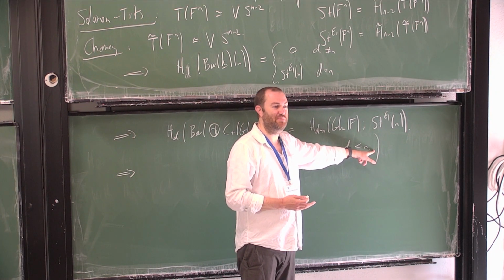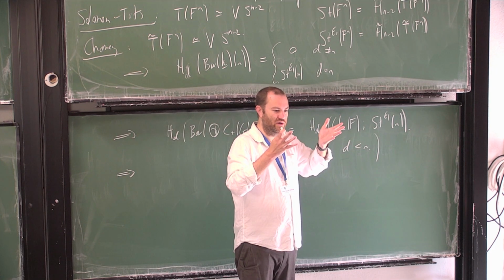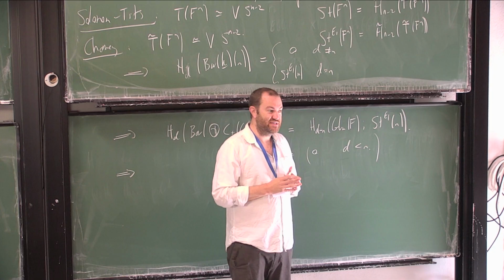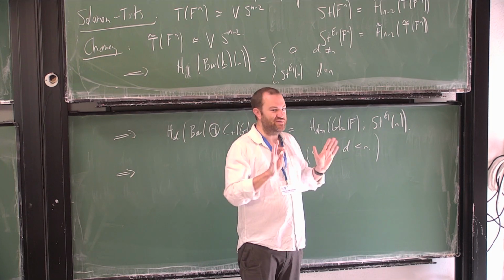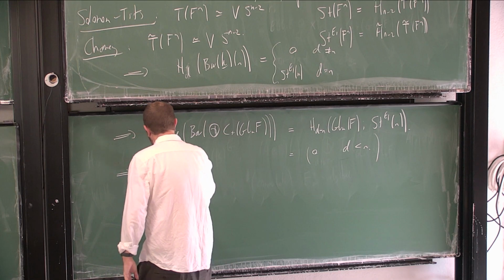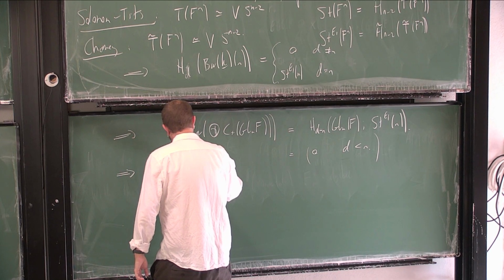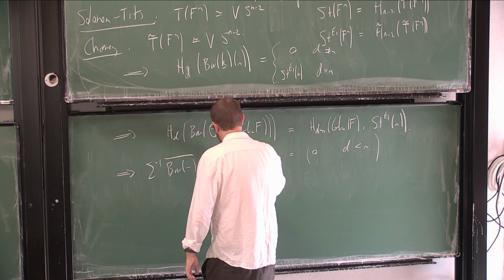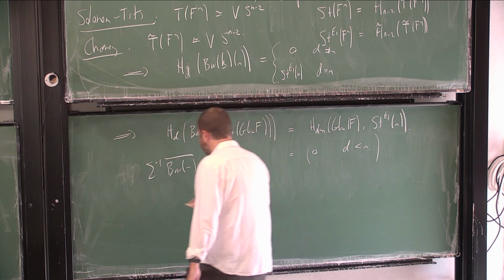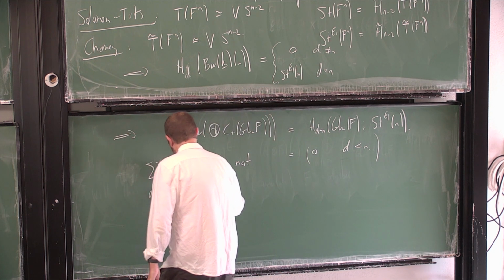So in other words, taking bar increases connectivity by 1. So taking bar and desuspending does not decrease connectivity. That's the key point. So desuspension bar of whatever does not decrease connectivity. This is not an implication, this is an observation.